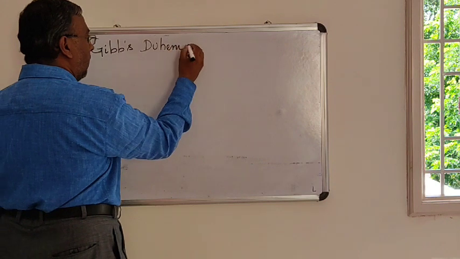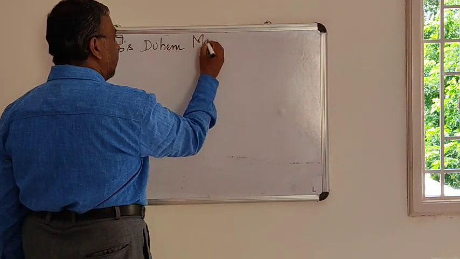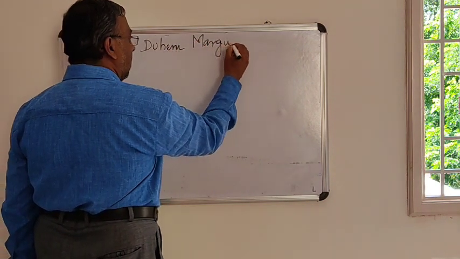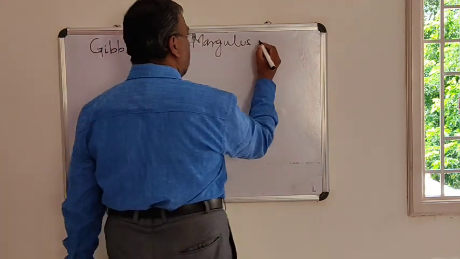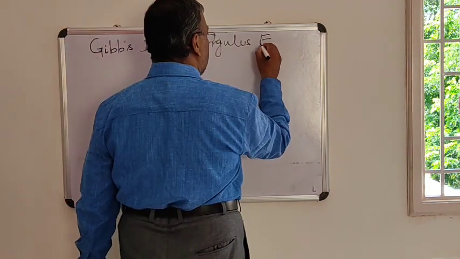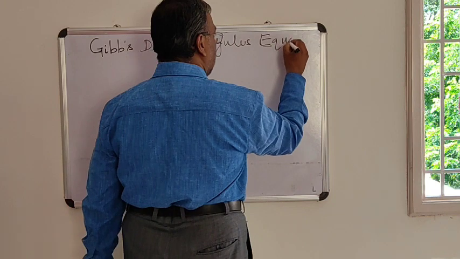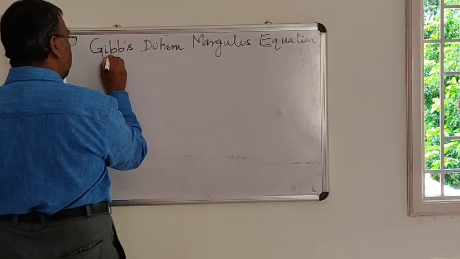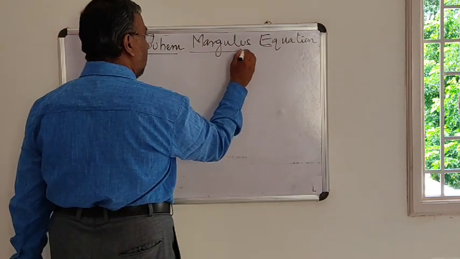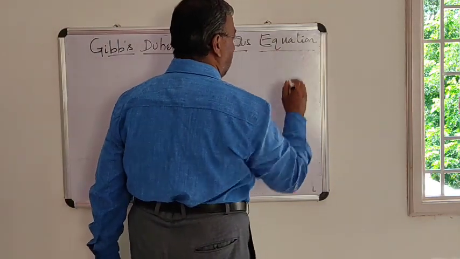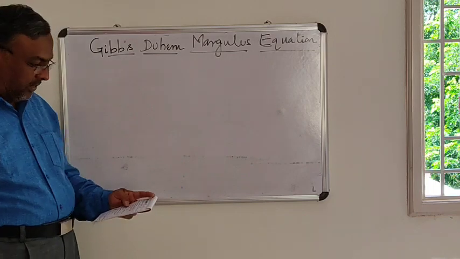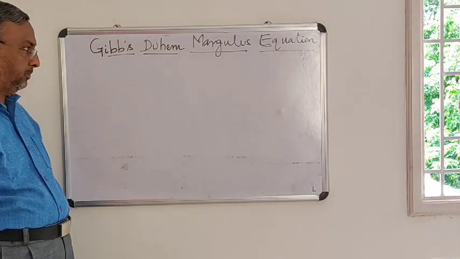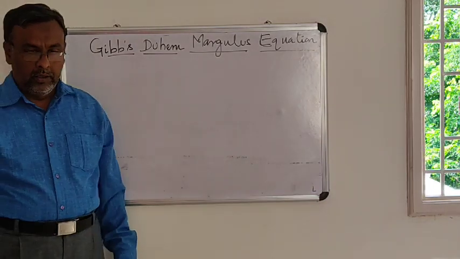the Gibbs-Duhem-Margules equation. It gives you a marvelous equation. Listen.